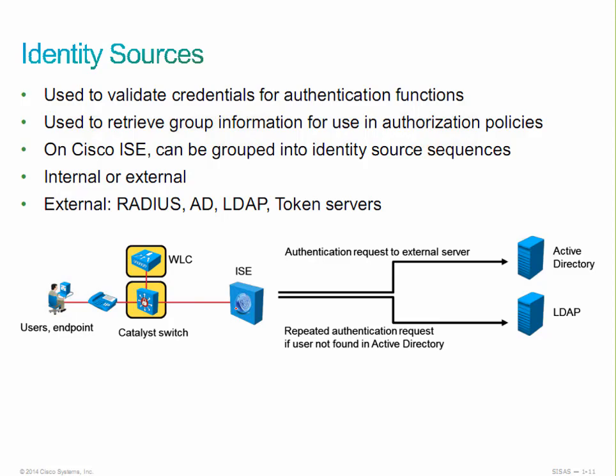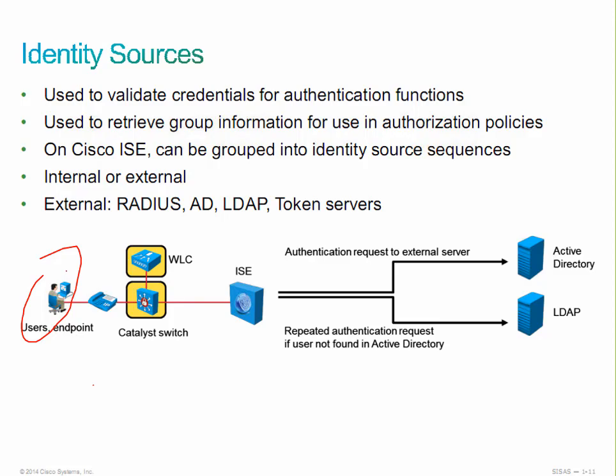What are some of the different identity sources that exist? As you can see here, we have basically four different components that incorporate the use of identifying endpoints and so on. We've got the user itself, which is running some sort of supplicant that allows them to communicate with 802.1X.